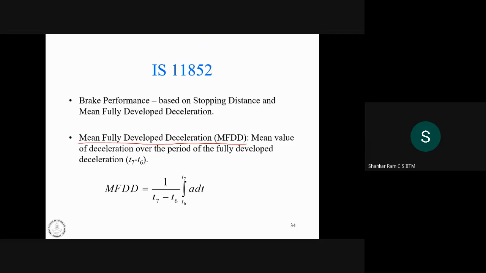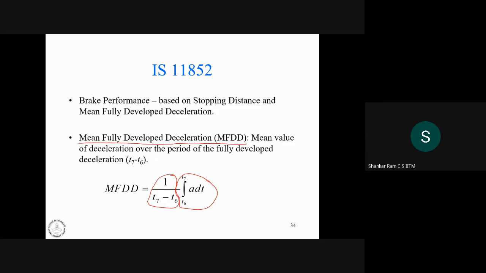If we integrate the vehicle deceleration over this period T6 to T7 and divide by the difference of T7 and T6, we are going to get this mean fully developed deceleration.